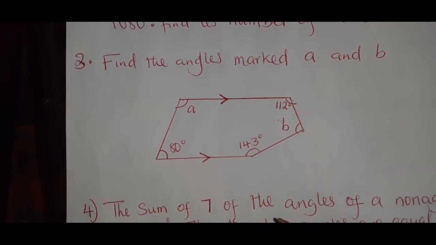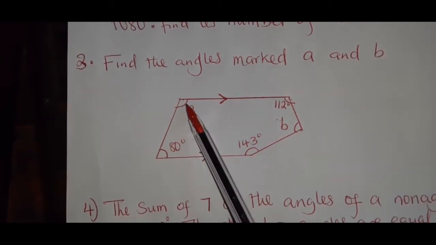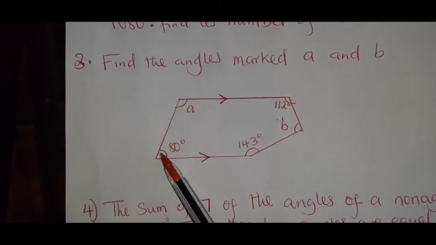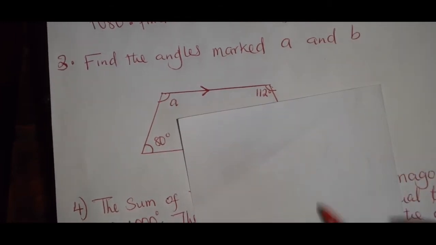That is why I indicated it's very important to follow these lessons according to my guidance. My guidance is that before you come to this topic, you must be done with angles. If you are done with angles, you realize that this angle and this one, we called them allied angles, angles on the same side of a transversal.